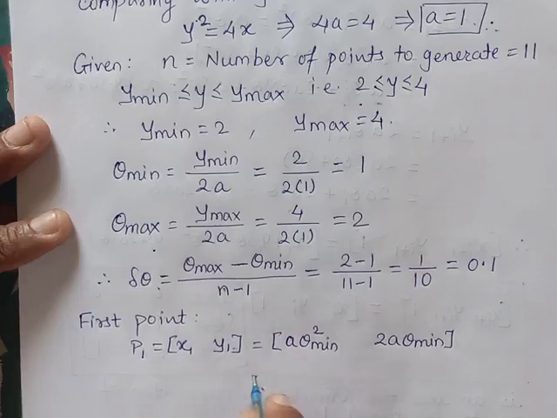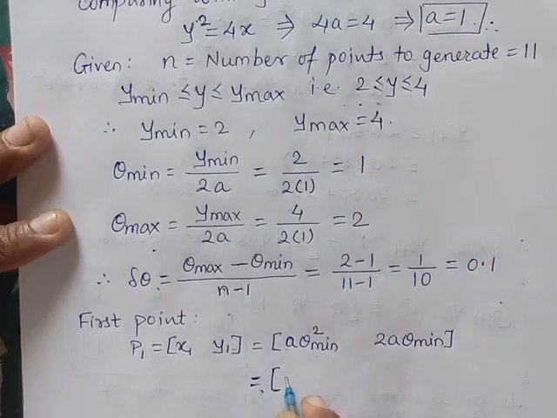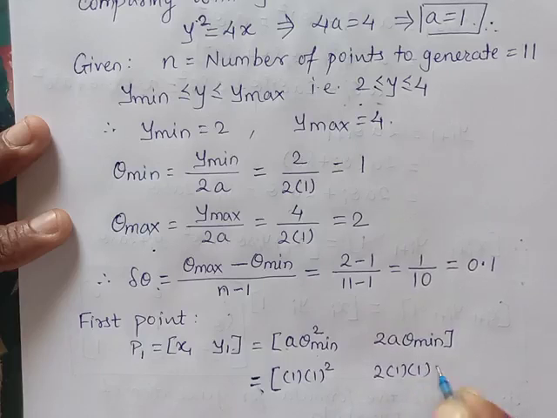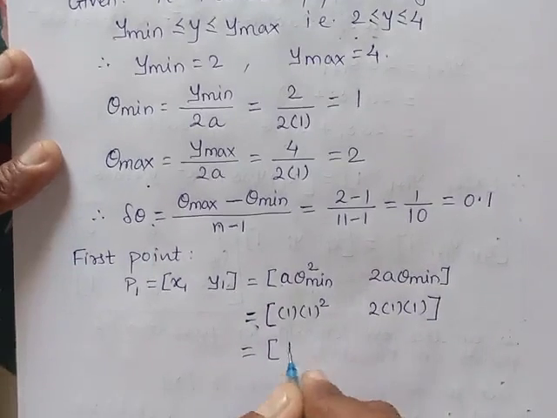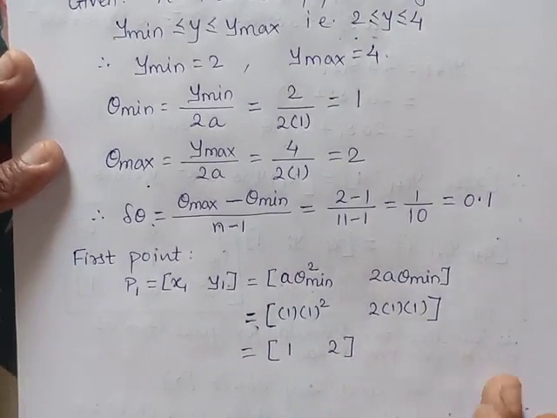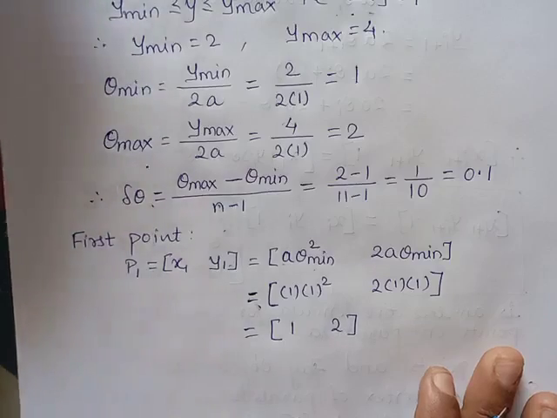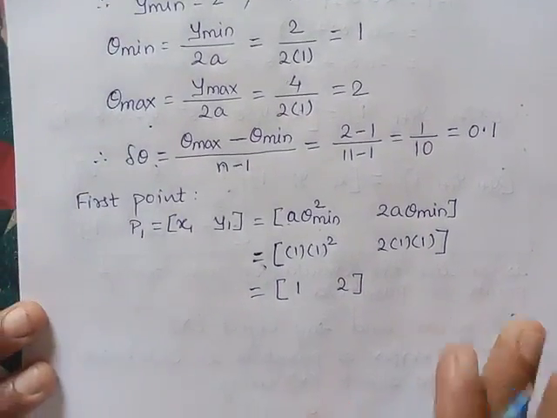So a is 1, theta minimum is 1. So 1 into 1 square, and here 2 into 1 into 1. So what is the point? The point is 1, 2. First point P1 is 1, 2.